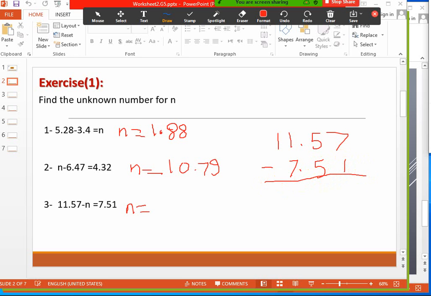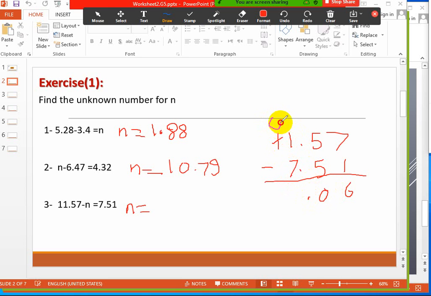Okay. Now I will choose a girl to help me. Asrim, open the mic. 7 minus 1. 7 minus 1. 6. 5 minus 5. Very good. I will take the decimal point down. Now 1 minus 7 equals what? No, I have to borrow from that.